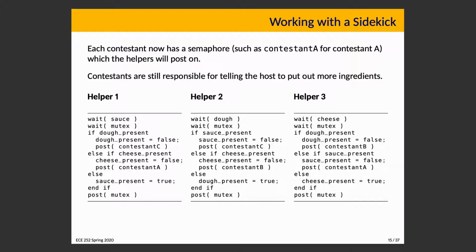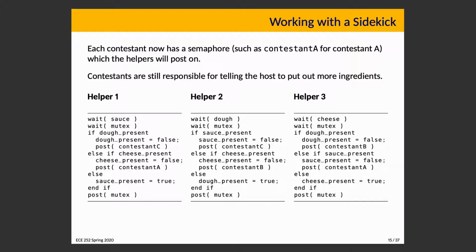And so if you are the first helper activated, the first ingredient has been placed out on the table. You just can't do anything with that because you don't know what decision to make until you know what the second ingredient is. In that case, you just mark down the state as being that the sauce is present if you are helper 1, the dough if you are helper 2, the cheese if you are helper 3, and that allows whichever is the second of the helpers to actually get there and make that decision.